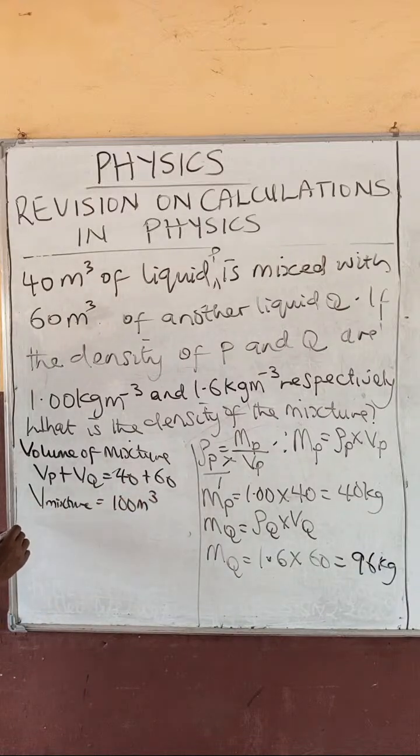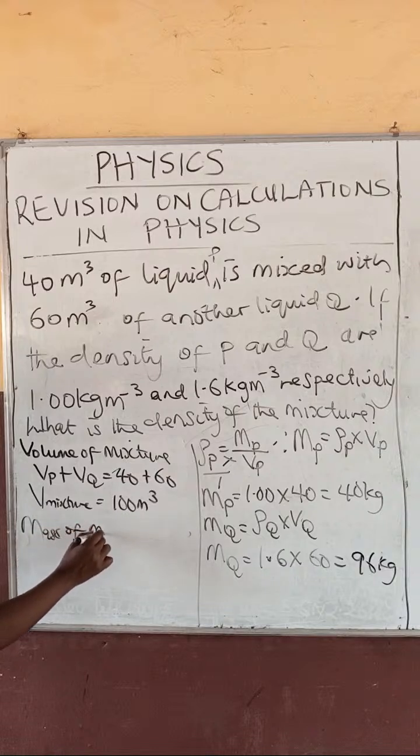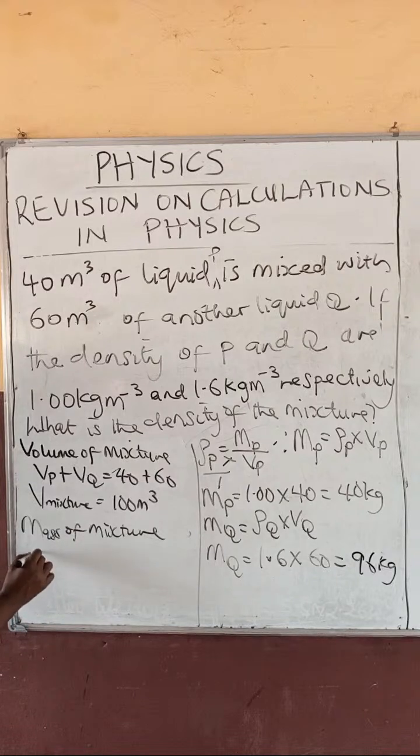Then the total mass, that is the mass of the mixture, is MP plus MQ.